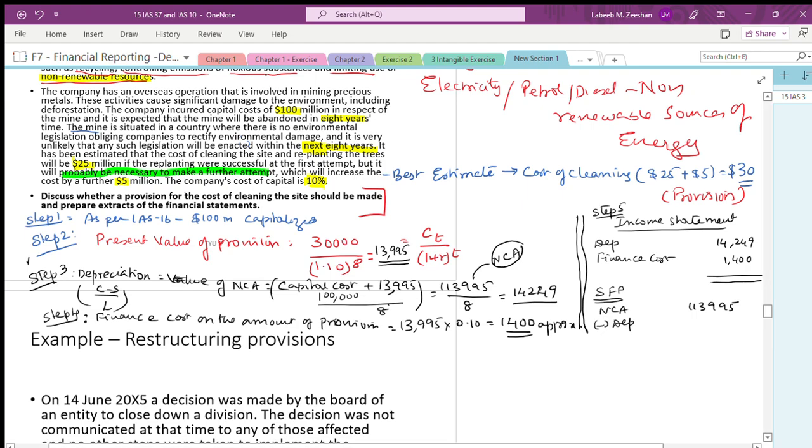How much have we calculated for depreciation? We calculated depreciation of 14,249.